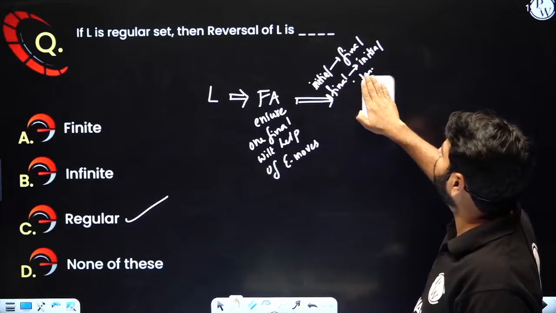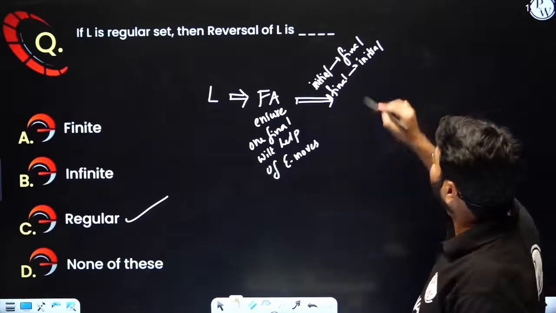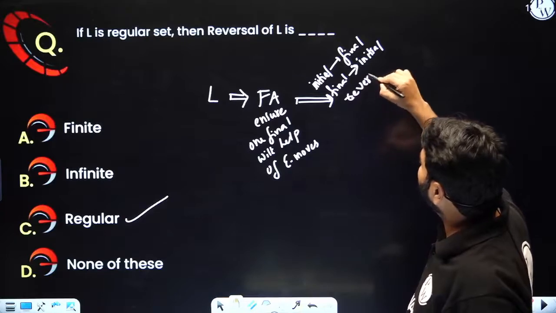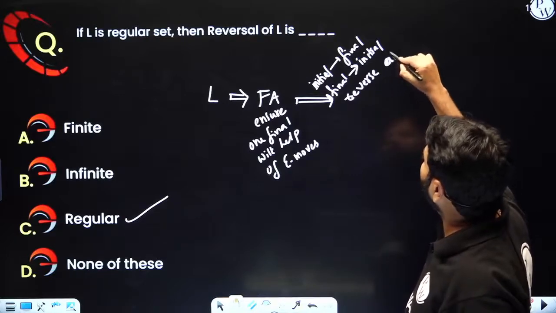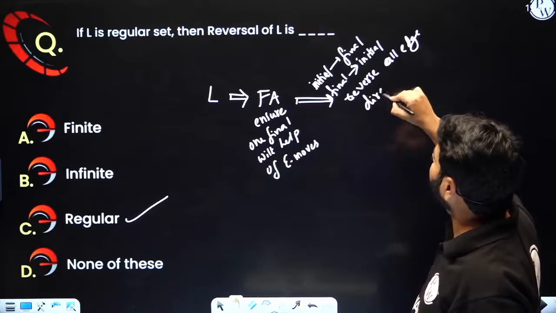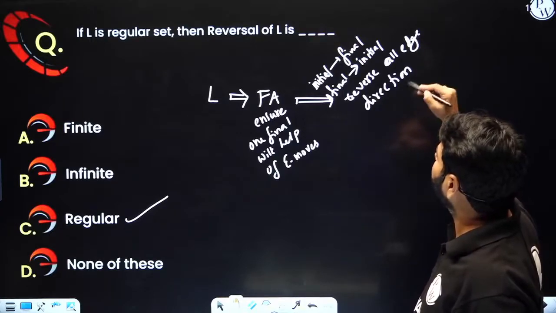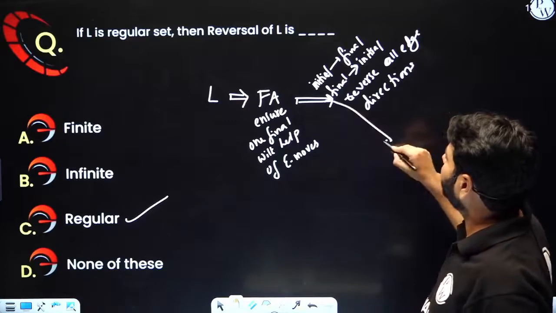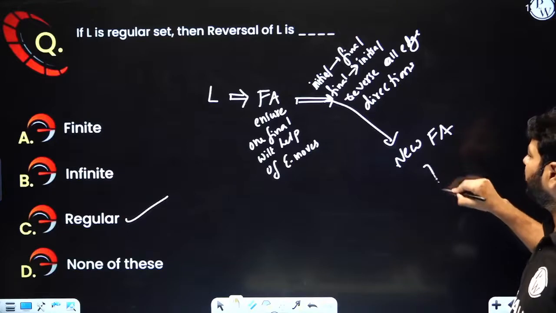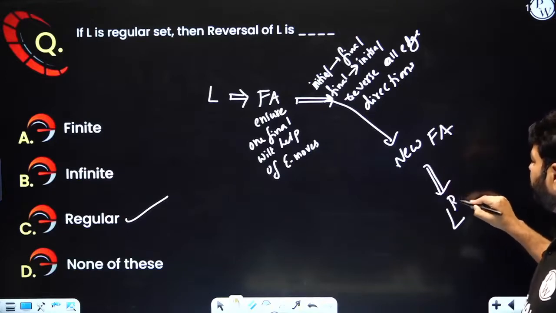All edges, just reverse the direction. That's all. When you do it, you will get a new, modified finite automaton that will definitely accept L reversal.